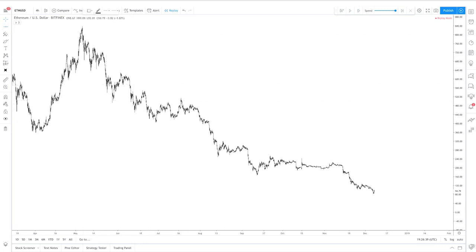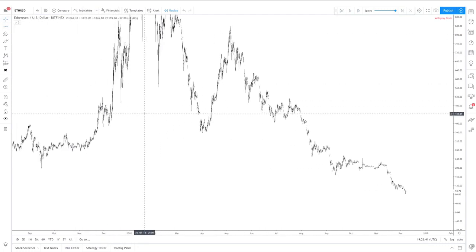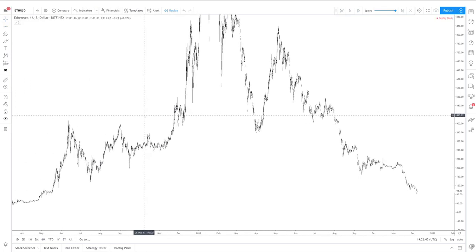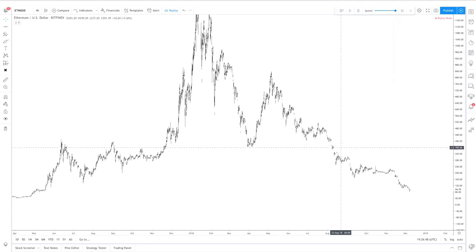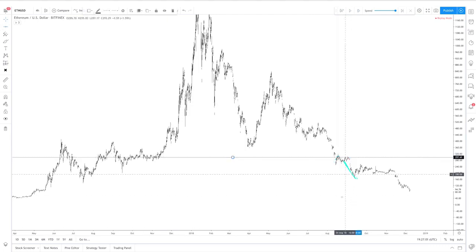Okay, so let's make this a little bigger to see what some past levels are and what we're looking at. We're going to focus in on this area here. So right off the bat, I see this as a breakdown.